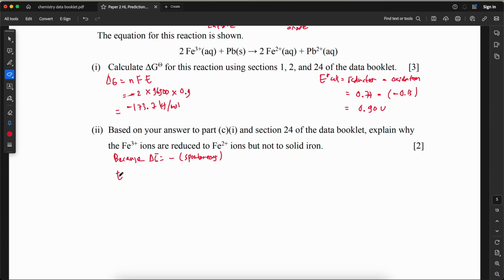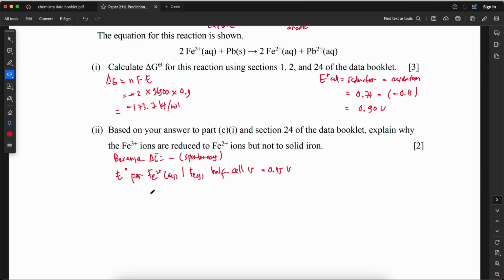Okay, E for the Fe2 plus aqueous and Fe solid half cell is negative 0.45 volt.